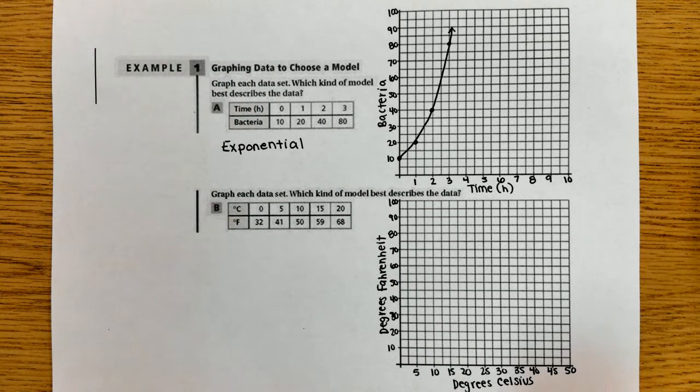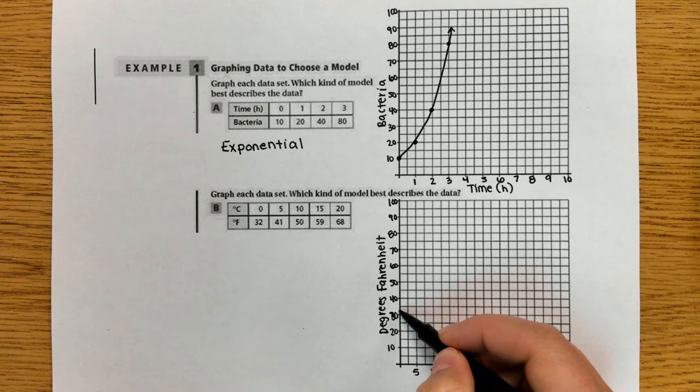For B, we have Celsius and Fahrenheit, so we'll do the same thing. We'll graph and then describe what kind of model best describes the data. So for degrees Celsius down here, I'm scaling by 5, and then Fahrenheit I scaled by 10. Some of these I'm going to have to approximate a little bit just because not every single digit is counted for on my x and y axis. So 0, 32.